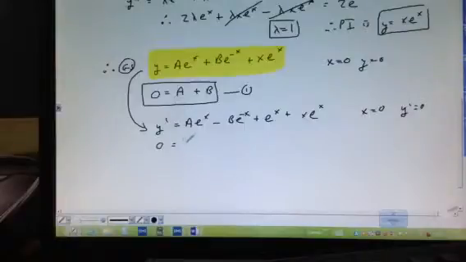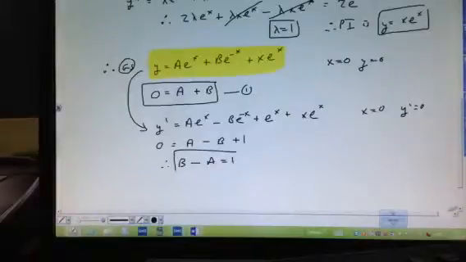Anyway, put it into there, and you end up with 0 gives you 1, so it gives you a. That gives you 1, so it gives you minus b. That gives you positive 1, and 0 is gone, because 0 times all of that. Okay? So therefore, I can say that b minus a is equal to 1.